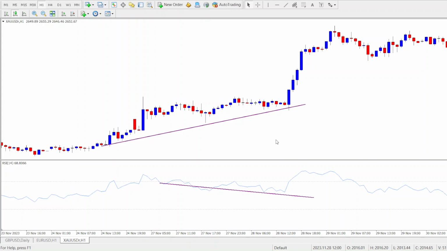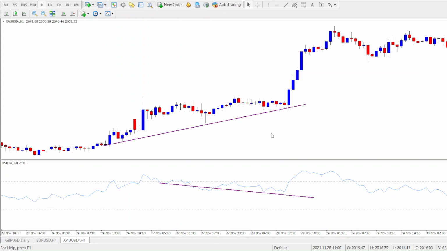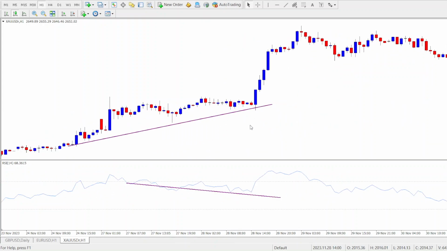Okay, now the hidden divergence is different from the regular divergence. Regular divergence indicates a potential trend reversal, while hidden divergence signals trend continuation. So in case you spot the hidden divergence but you are unsure of what the next price direction is, if you are not comfortable, you can exit the trade.